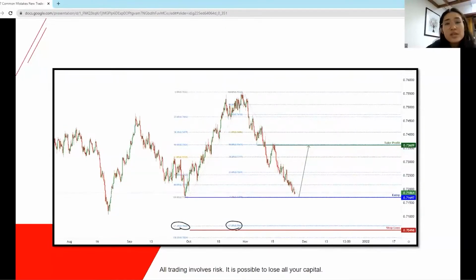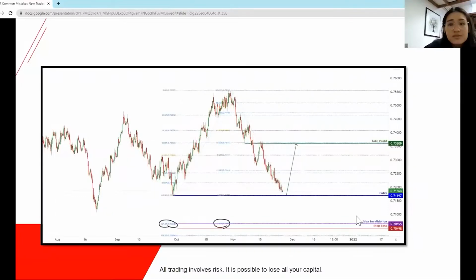When deciding where to place our stop loss, we decided to place it beyond the 127.2, which lies in line with the negative 27.2% Fibonacci expansion. And we place our idea invalidation right above that.